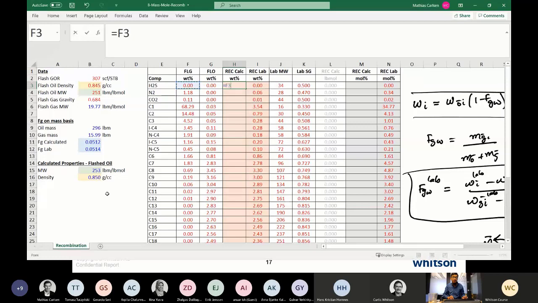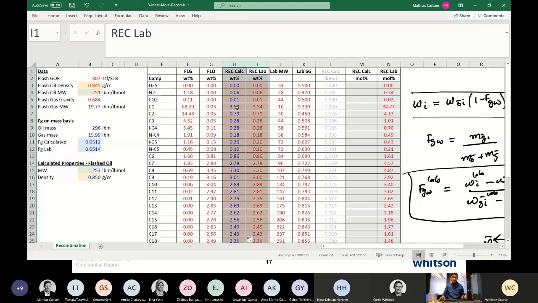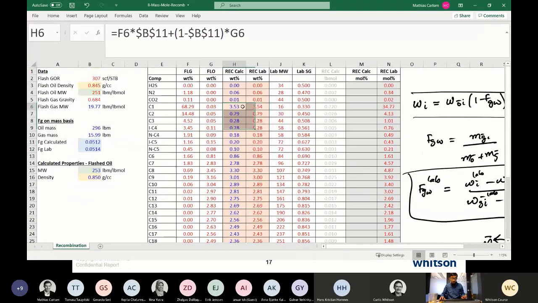So using the lab reported flash gas composition multiplied with the calculated FG here, and then plus 1 minus FGW times FLO, the flash oil composition, and then we just drag that down, and then you can compare column H versus column I, and this should be essentially the same, and you can see they are the same. So that's how the lab reports the recombined composition.